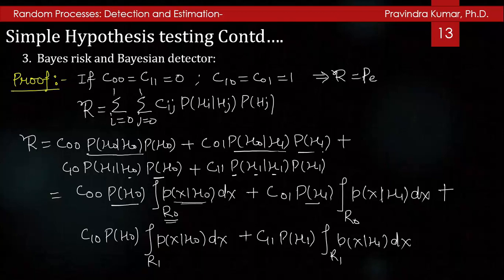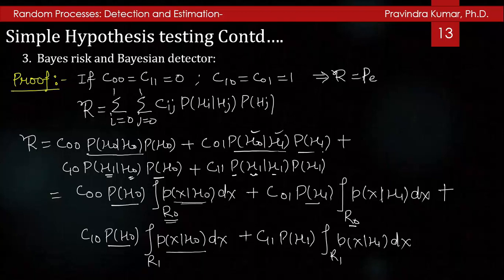It will be the integration over R0, because you have decided H0 but H1 is true, and you have to integrate the PDF under hypothesis H1, meaning P(x|H1) dx, plus C10 P(H0) integration over R1, because you have decided H1 but H0 is true, so the integration of the PDF under hypothesis H0, and C11 P(H1).